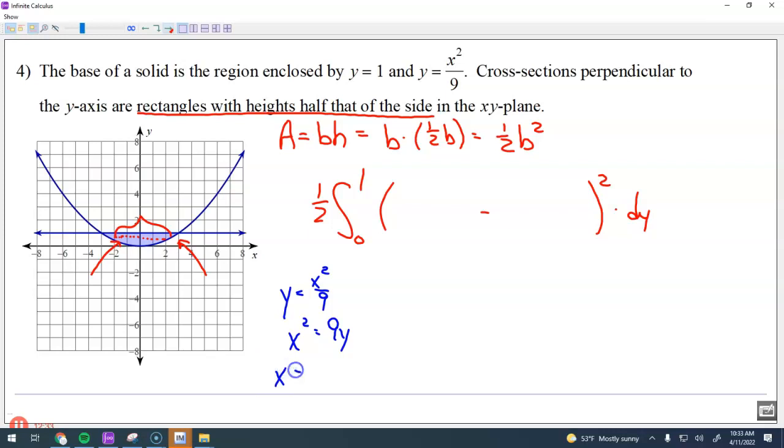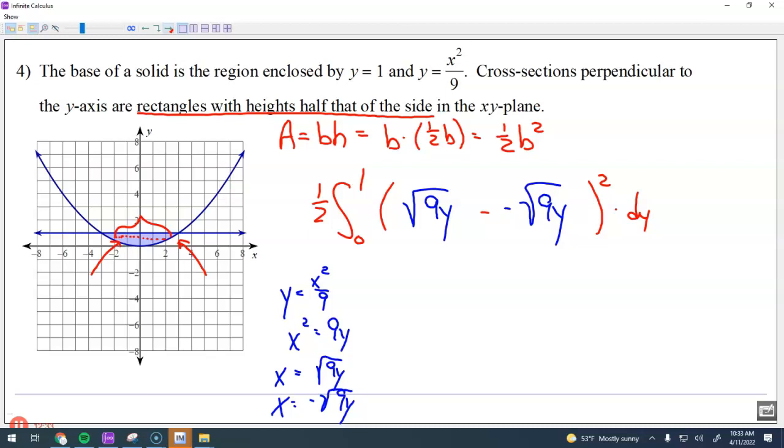And then when you square root it, you get the square root of 9y and the negative square root of 9y. So I think they probably took a 3 out, because you can take the square root of the 9 part. But you don't need to do that. You can, it's up to you. And then the positive one is the one on the right, and the negative one is the one on the left. So that's the equation you should have that you should type in.